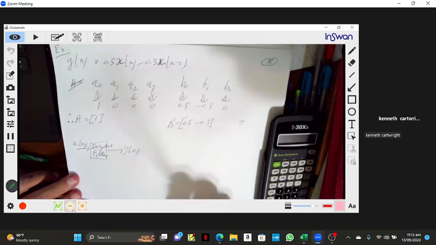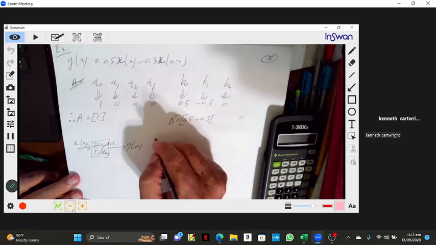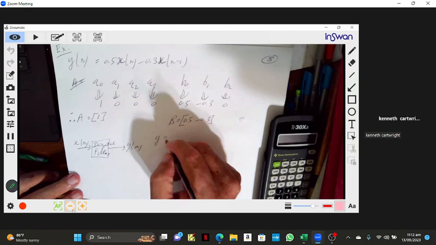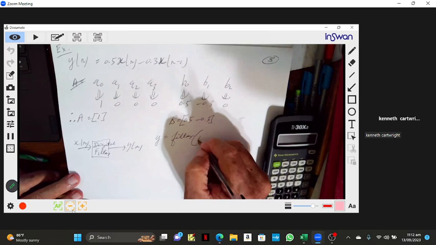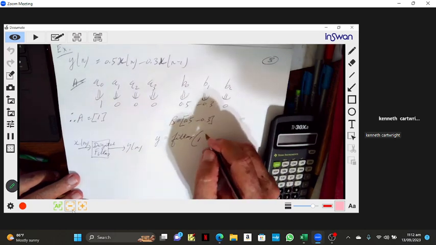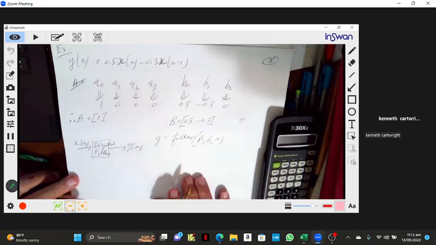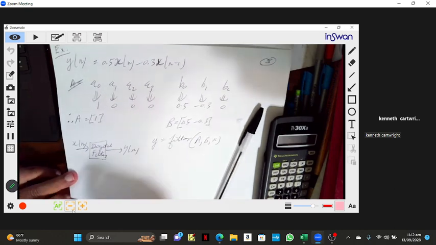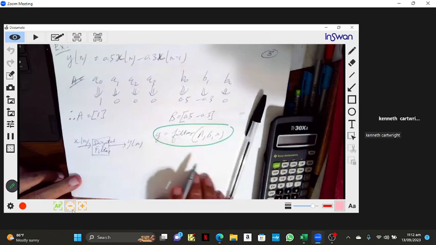Well, let me tell you why the A's and B's are important. Because in Octave, there's a command, y equals filter. It's B, A or A, B, I forget which. I'll find out. These may be reversed. I'll check on it.